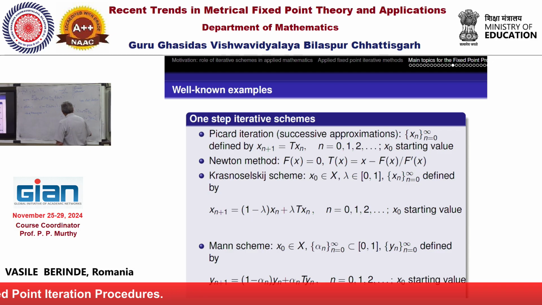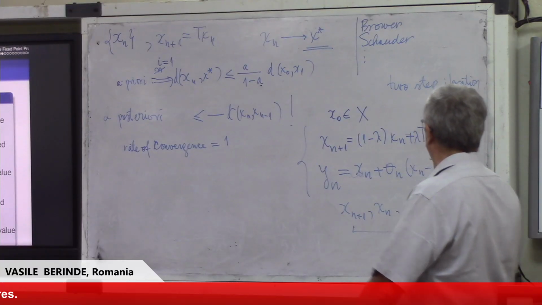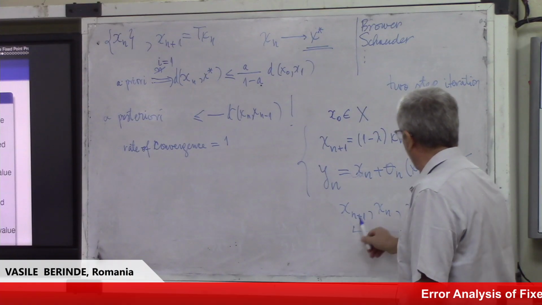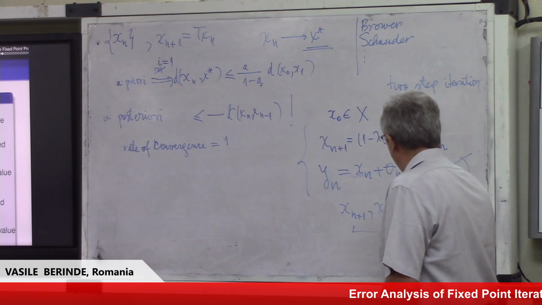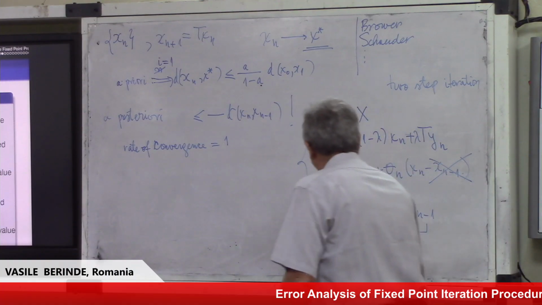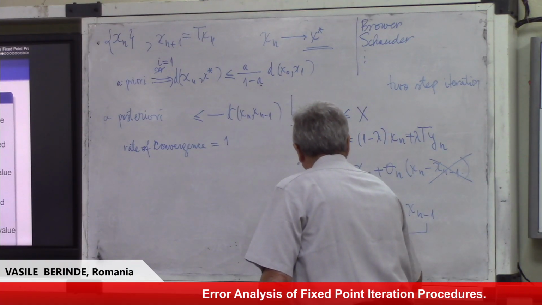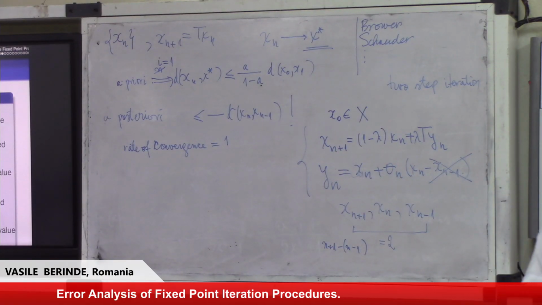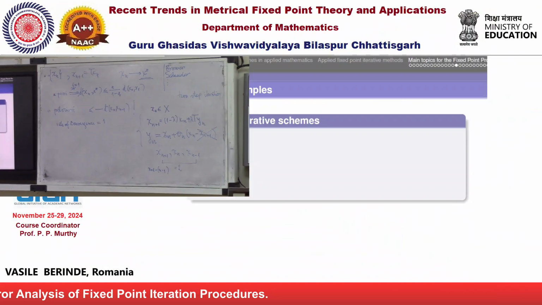Two-step means this: we have three consecutive iterations, and the difference between the greatest one and the smallest one is 2. So n plus 1 minus n minus 1 equals 2. This is the reason it is a two-step iteration scheme.